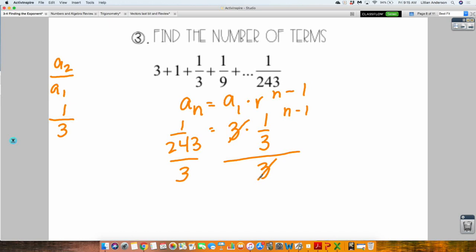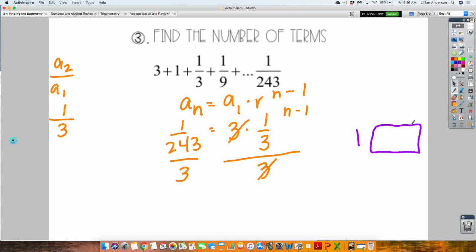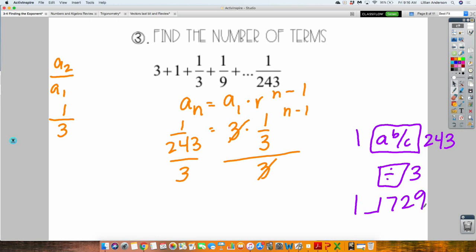So if you do 1, press that button A B/C, 243, then the divide button, then the 3 button, it's going to give you an answer of 1 backwards L 729. That backwards L basically serves as the fraction. So this is basically 1 over 729 equals 1/3 to the n minus 1.